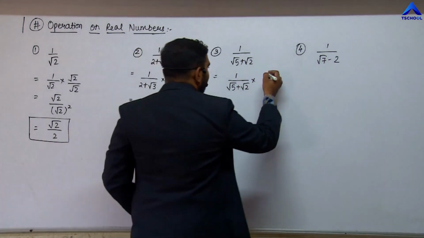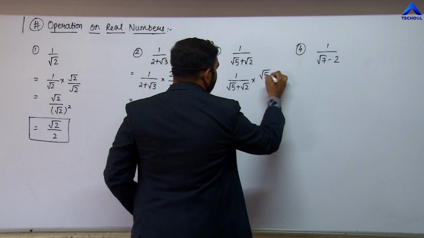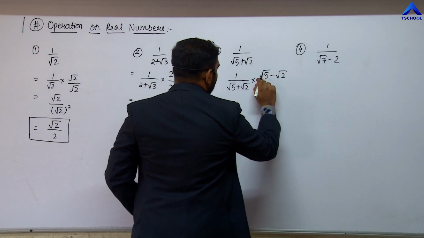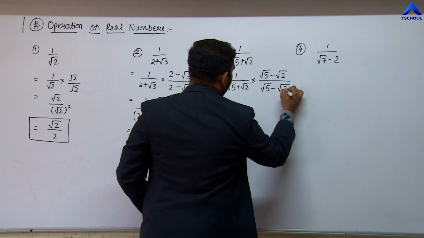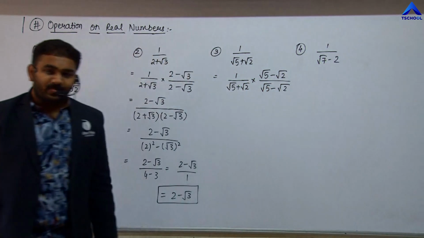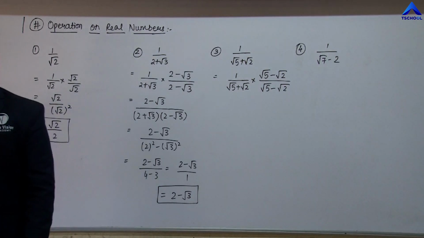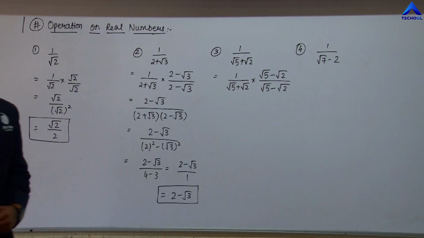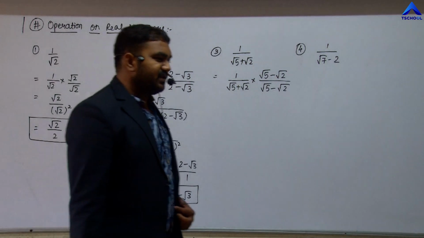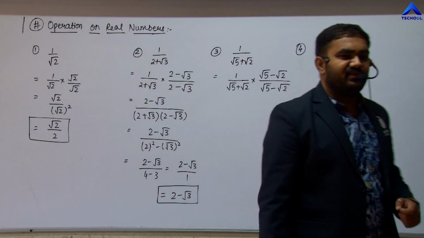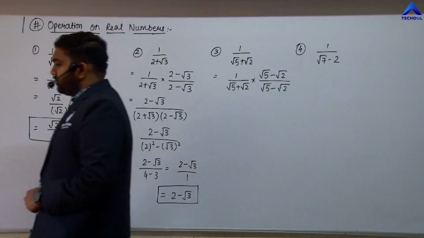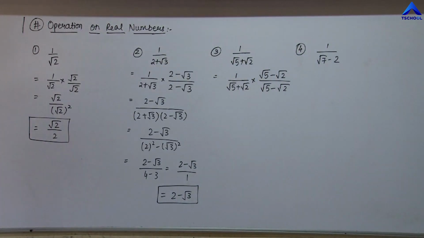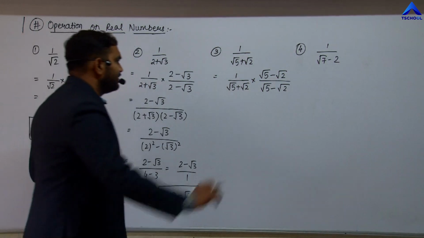So now we shall multiply with those terms which have a minus sign, that is root 5 minus root 2. See friends, the irrational numbers are not being changed. What changed here is simply the sign of the second term. So that is 1 upon root 5 plus root 2 into root 5 minus root 2 upon root 5 minus root 2.